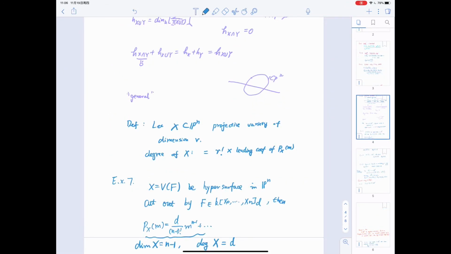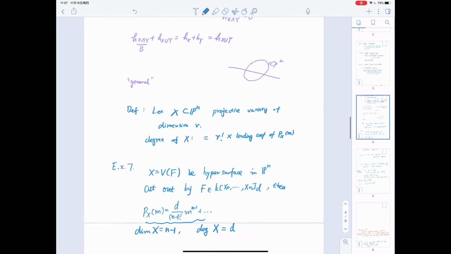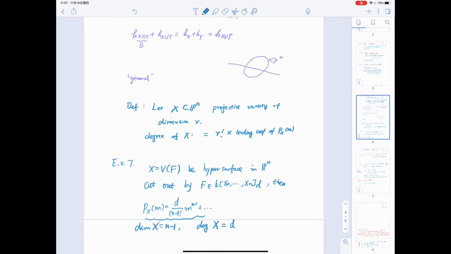Next, we compute the degree of a hypersurface in projective space Pn. Let X equal V(f), where f belongs to k[x0, x1, ..., xn] in the graded d part. Then we already know its Hilbert polynomial is this.